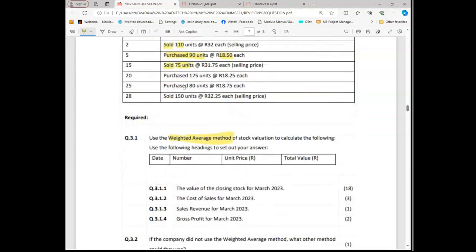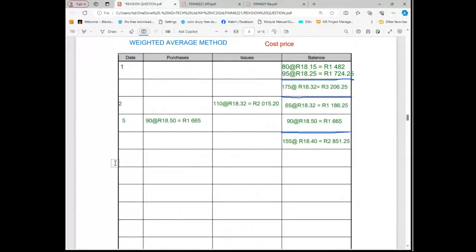You're going to tell me where to record 75 units on the 15th. We're gonna record 75 units under issues at 18 rand 40.